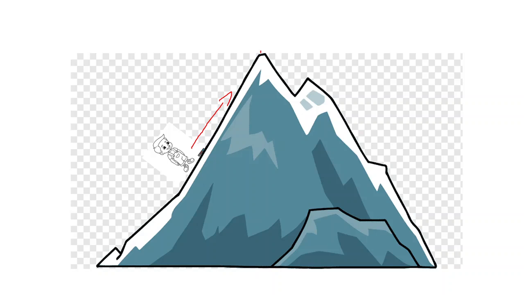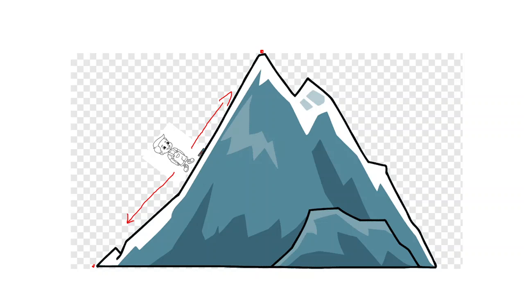Or in other words, this gives you the direction of the steepest ascent, right? Now, if I draw an arrow in the exact opposite direction, you will be directed towards this point, which is the lowest point of the hill.